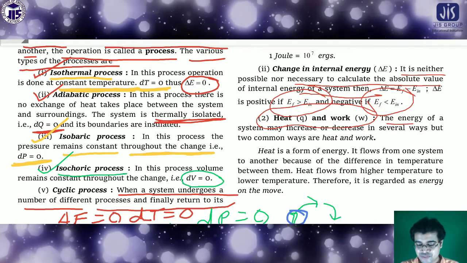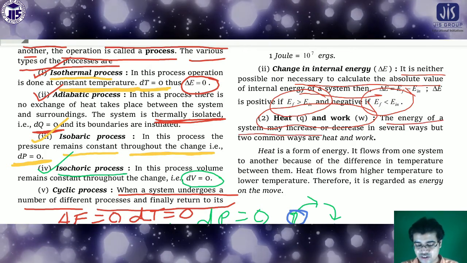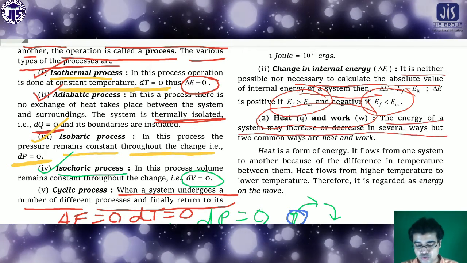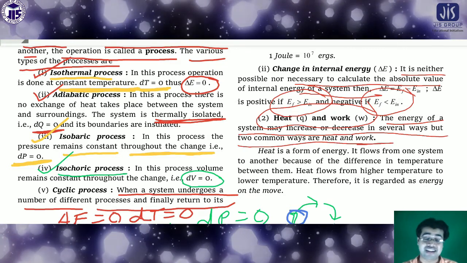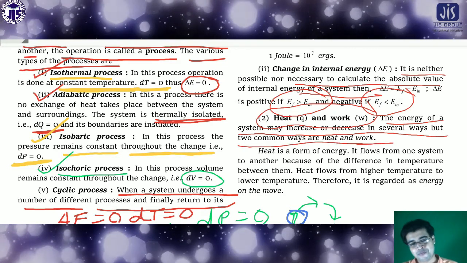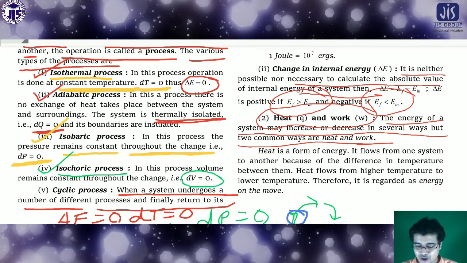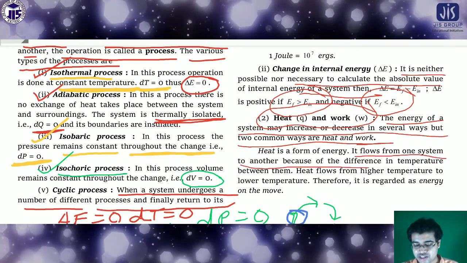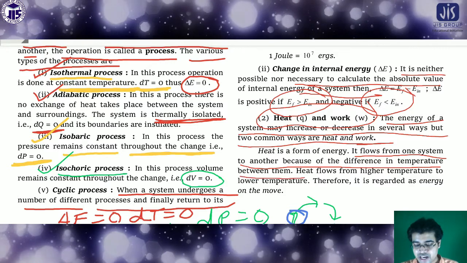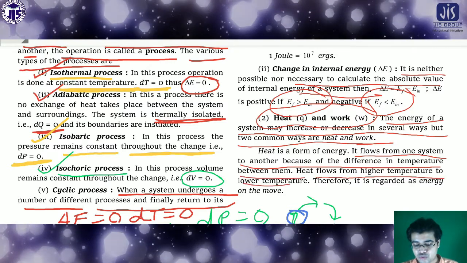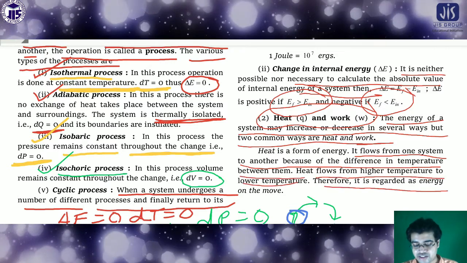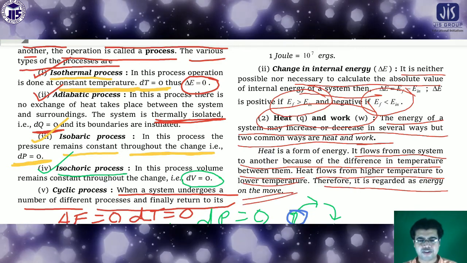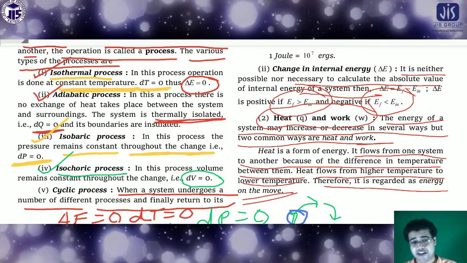The energy of a system may increase or decrease in several ways, but two common ways are heat and work. Heat is a form of energy. It flows from one system to another because of the difference in temperature between them. Heat flows from higher temperature to lower temperature, therefore it is regarded as energy on the move.